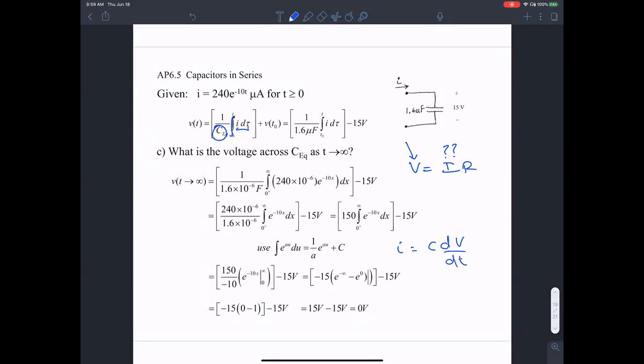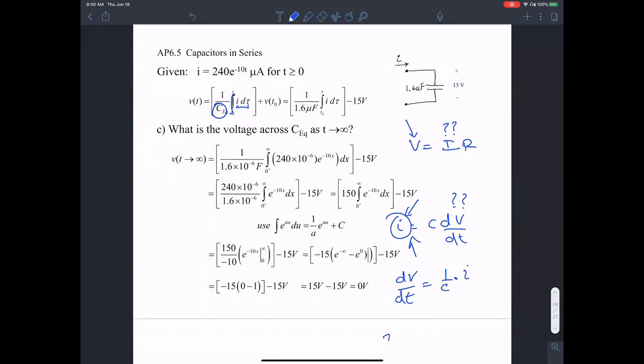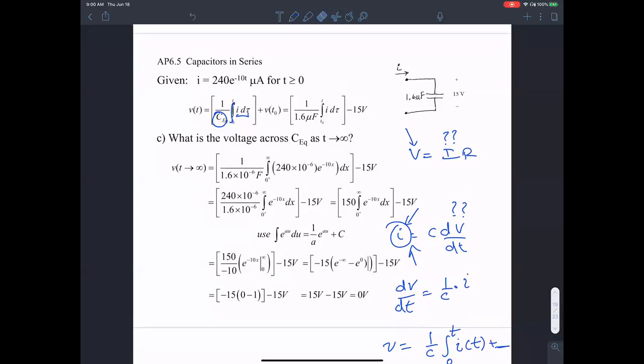You're given an expression for I and asked to find V. So you simply rearrange: dV over dt is 1 over C times I, and V would be the integral of I of t dt from 0 to t, plus any initial condition you may have, the initial voltage that is already in the capacitance.